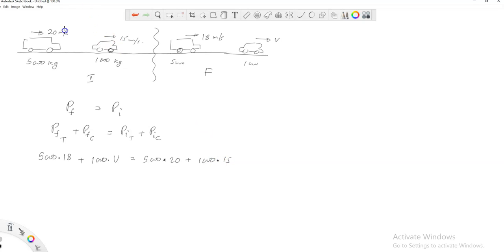Now since everything is going in the same direction, and we take this as the positive direction, they're all positive numbers, okay.